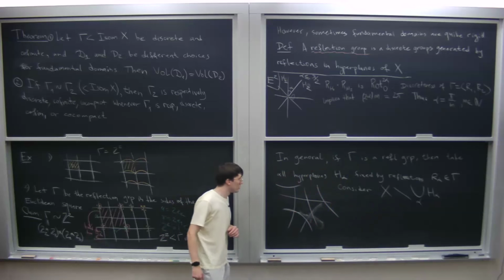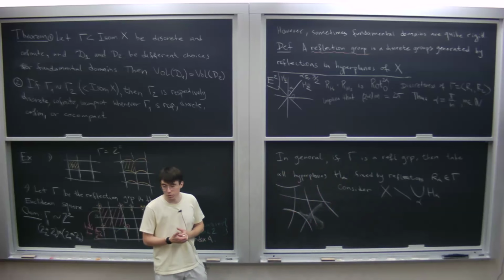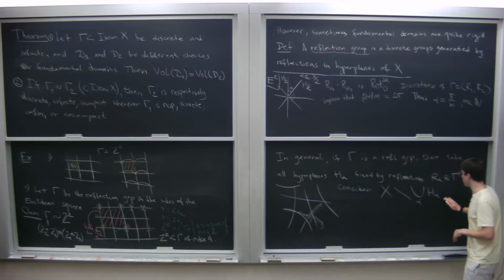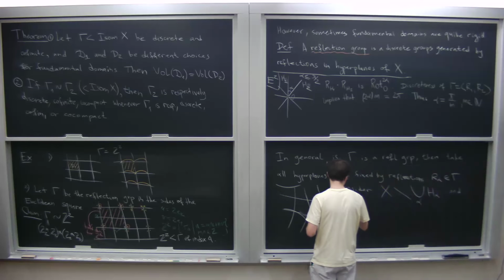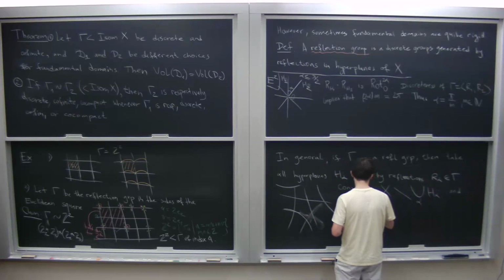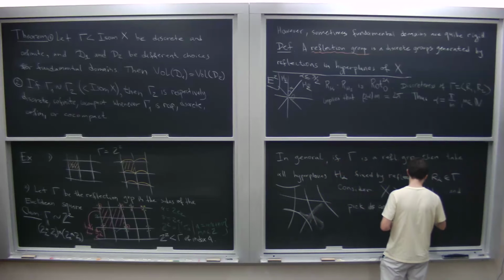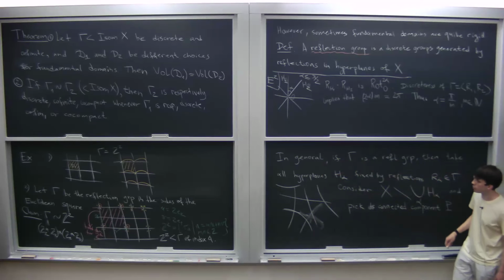This gives me the union of connected components, and choosing one connected component of this, call it E, gives the fundamental domain for gamma.